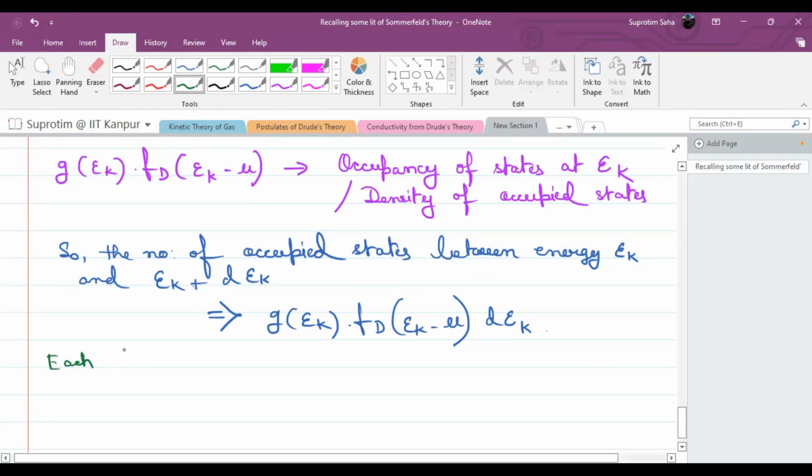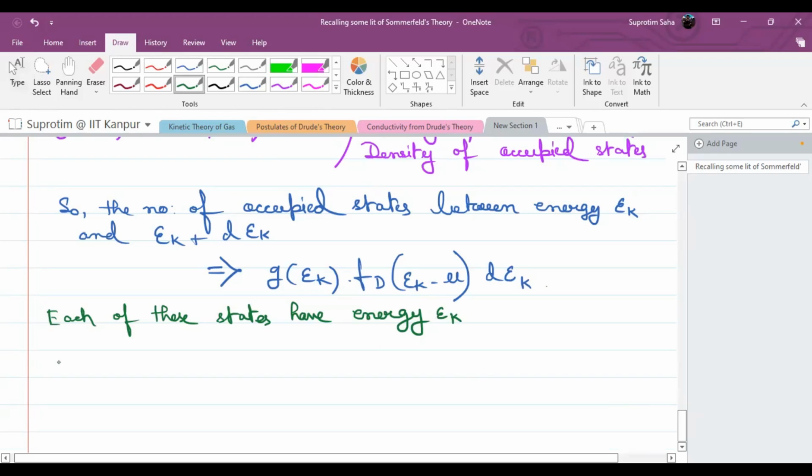Each of these states, you are considering a spherical shell in the energy space. So consider the energy levels all have energy Ek. Each of the states has energy Ek, considering that it does not vary over that energy interval d of Ek.